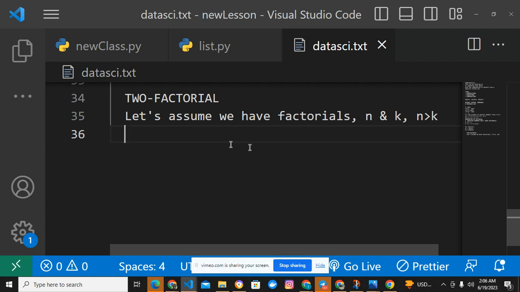That means n is bigger than k. So invariably we have two factorials here, n and k.